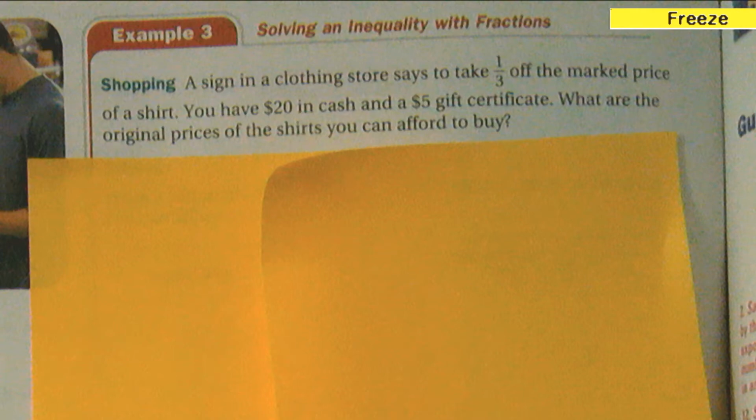How do I know with how this is written that it's an inequality? What phrasing in there indicates that this is an inequality? Cullen? It doesn't say what is the original price.